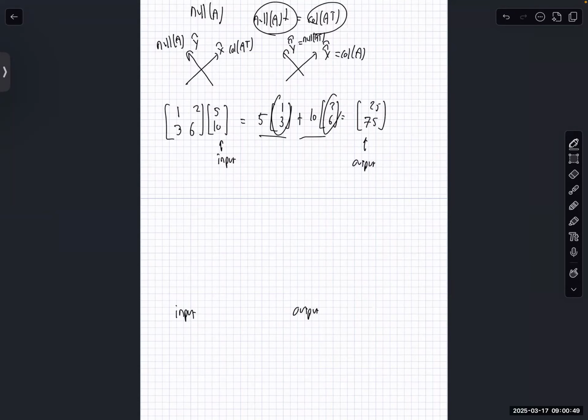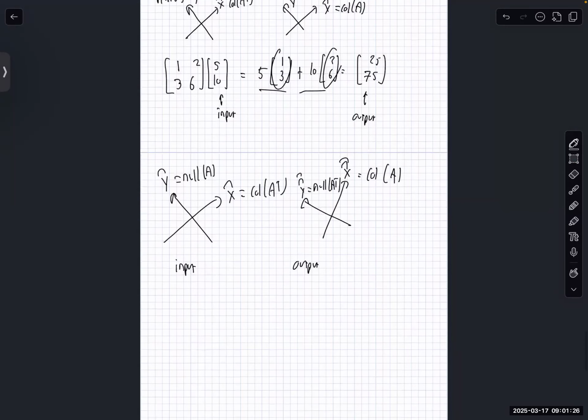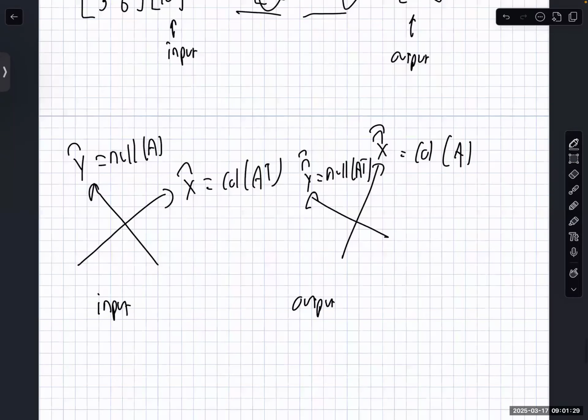So on the input side, my x-axis is the column space of A transpose, and my y-axis is the null space of A. And over here on the output side, I'm going to make my x-axis, it's a different x-axis, the column space of A. And my new y-axis is the null space of A transpose. Occasionally that's referred to as the left null space.